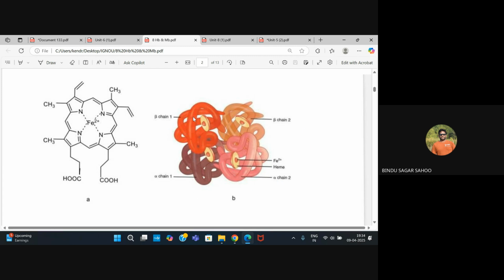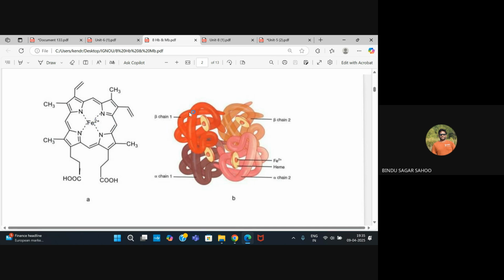We can say four globin chains and four hemi subunits. And this is the structure of one hemi subunit, represented by this yellow circle part, and this small ball is the iron 2 plus.